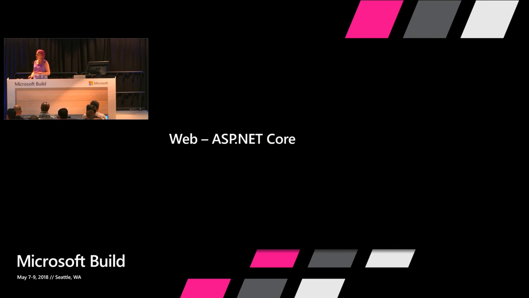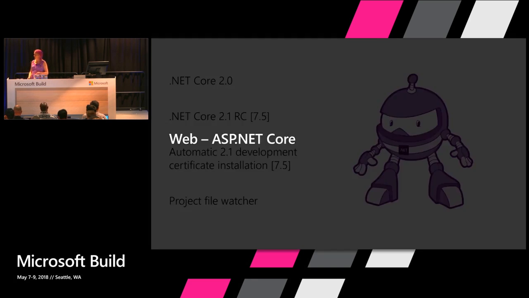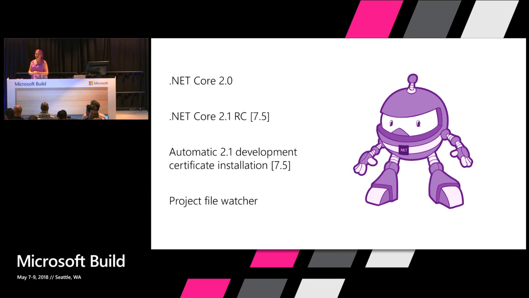So I'm going to start out with web, with the ASP.NET Core workload. So at Build of last year, we shipped .NET Core 2 preview support. That went RTW over the summer. In today's 7.5 release, we have support for the .NET Core 2.1 release candidate.